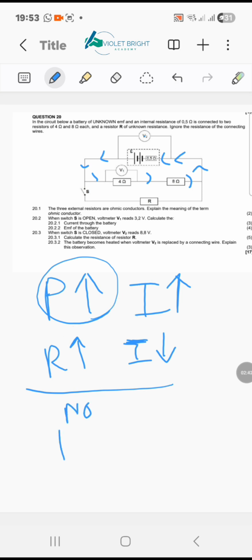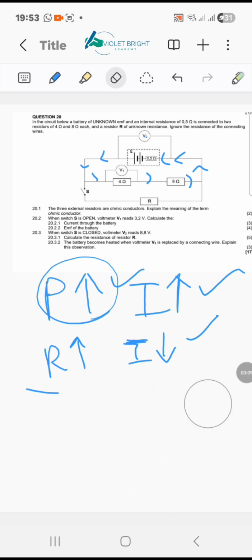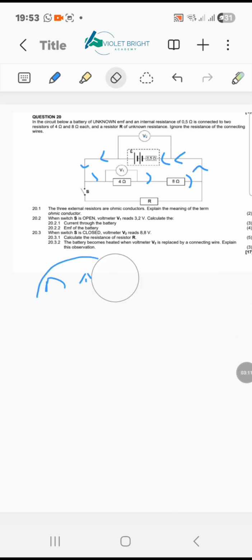The current may increase or the potential difference may increase, it doesn't really matter. As long as they are non-ohmic, they do not obey Ohm's law, that potential difference and current are directly proportional and inversely proportional to the resistance. So that's a brief explanation of ohmic conductors.